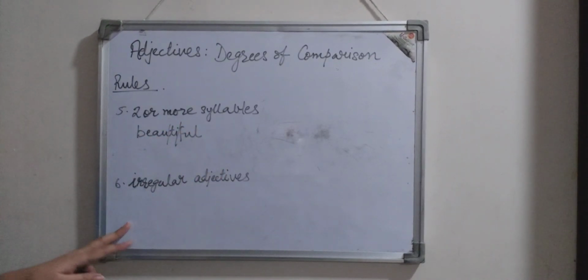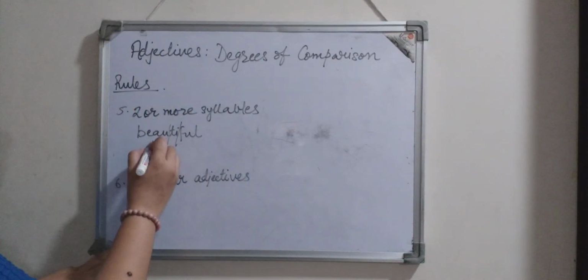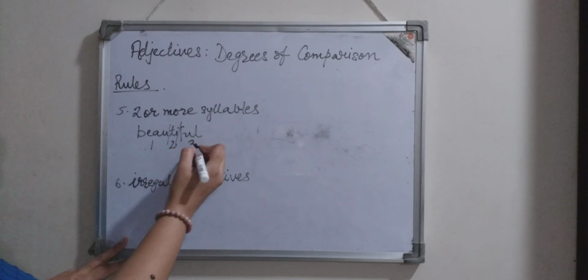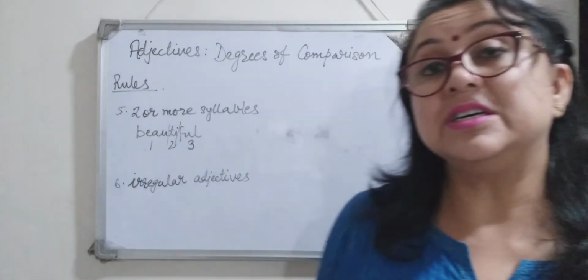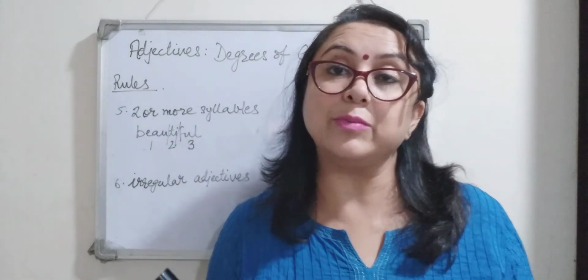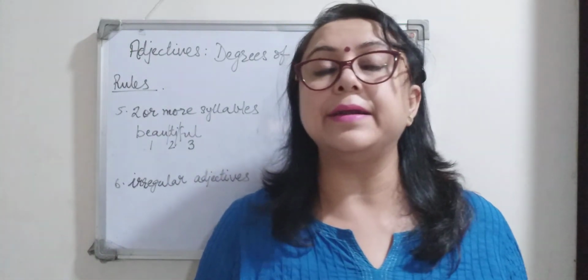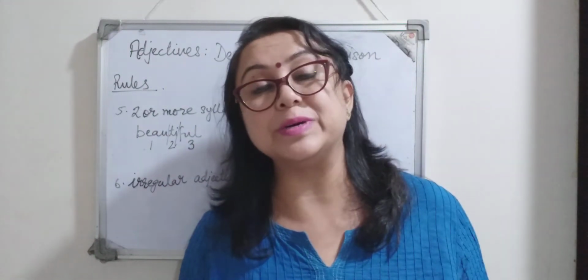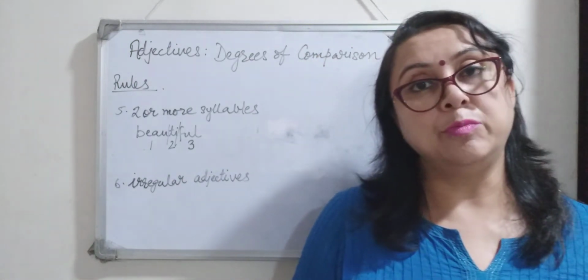So we would say that the word beautiful has 3 syllables. 1, 2, 3. So such words which have more than one syllable, these words do not take ER in comparative and superlative degree. Here we add more and most.